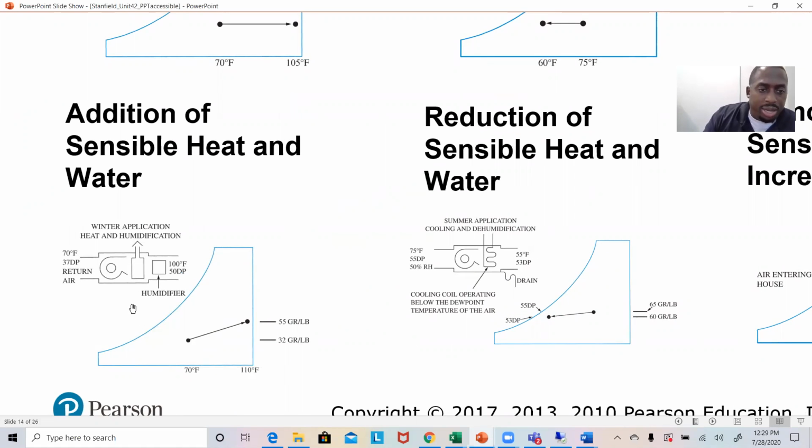So the heat is on and the humidifier. So now we got 70-degree air coming in, 100-degree air coming out. So we went from 70 to 110 over here, and we went from 32 grains of moisture to 55. So that's with the addition of heat and the humidifier.